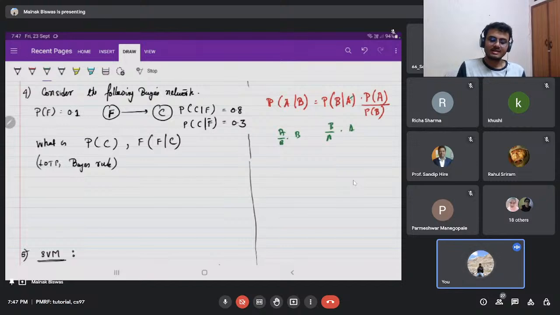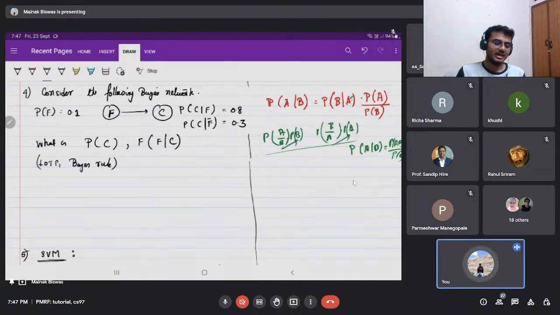Because both of these are A comma B. So you have defined A given B as the joint distribution of AB divided by probability of B. So this is the way to remember: you multiply the term present in the denominator. This is the idea. So let's do this Bayes network.